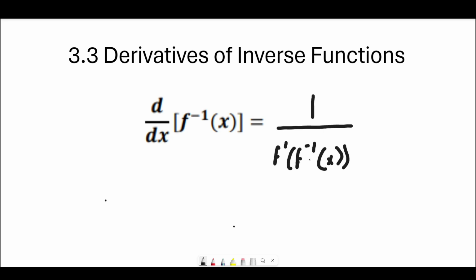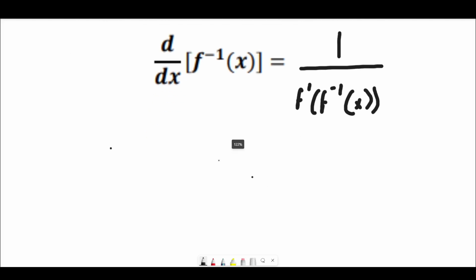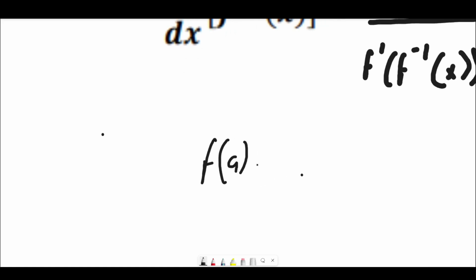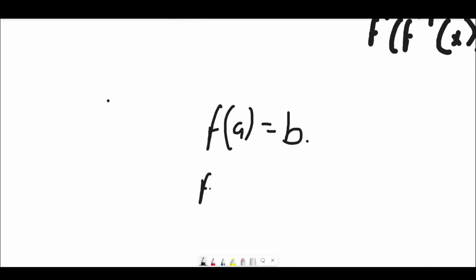So if you forgot what an inverse function was, let's just say I have a regular function where it has an input of a, and then my output is b. The inverse function is just the opposite of that, where our output from our original function is going to be the input, and then it's going to output that input from the main function, if that makes sense.